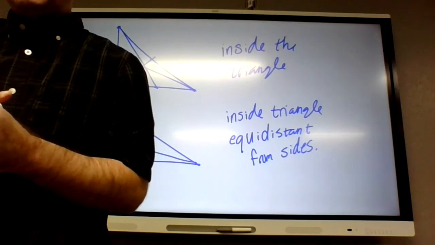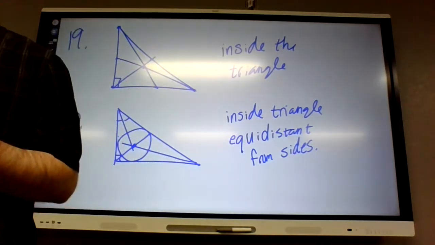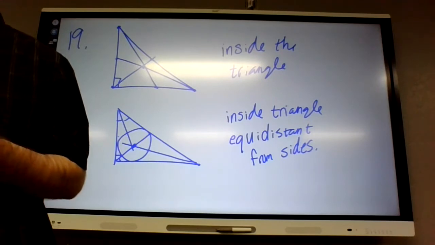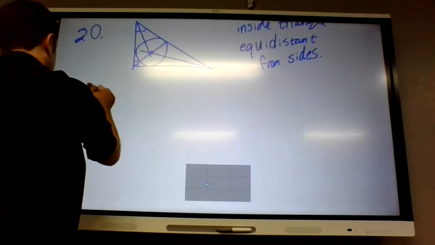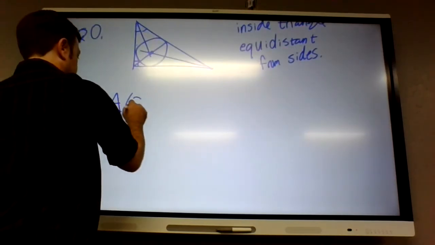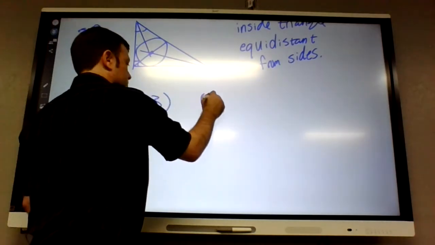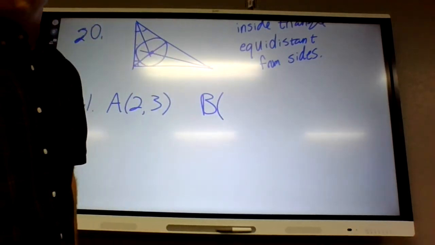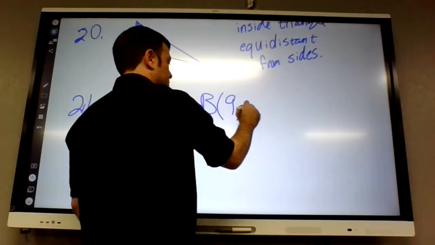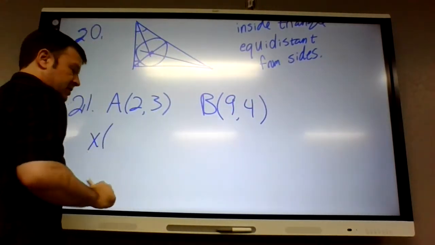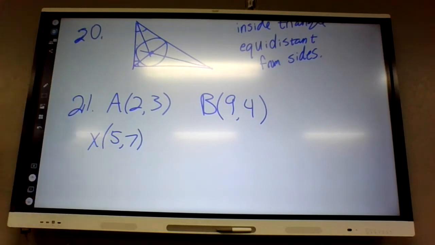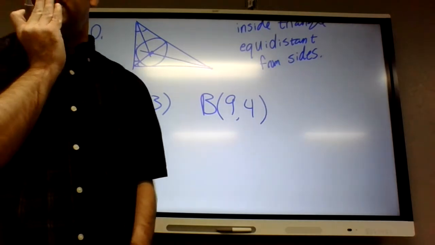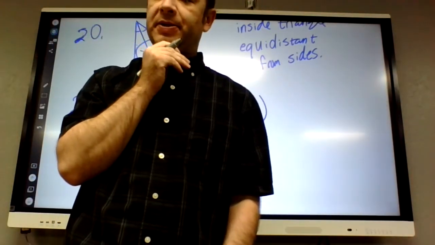Okay, number 21. Show that X (5, 7) lies on the perpendicular bisector of AB, with A being (2, 3) and B being (9, 4). And X is at (5, 7). Okay. If X is on the perpendicular bisector, gosh, this is a mess.